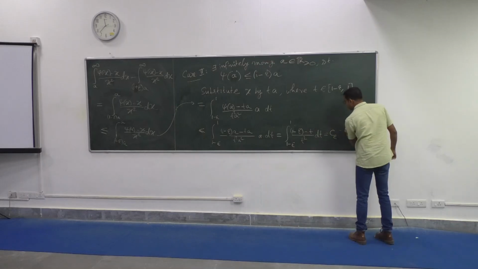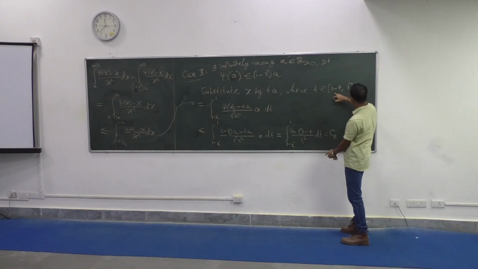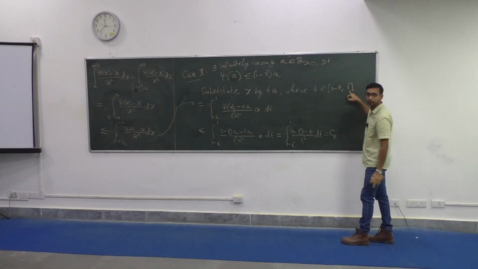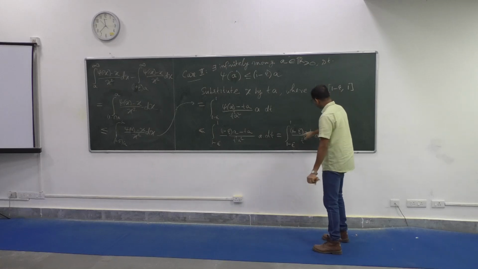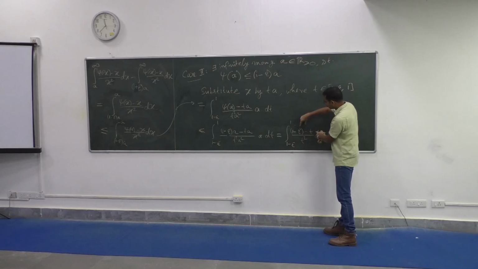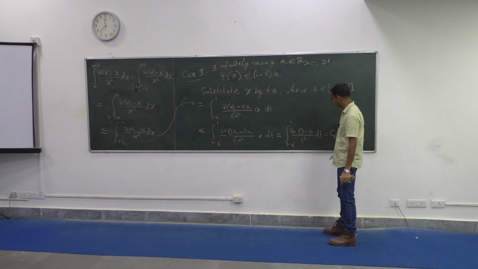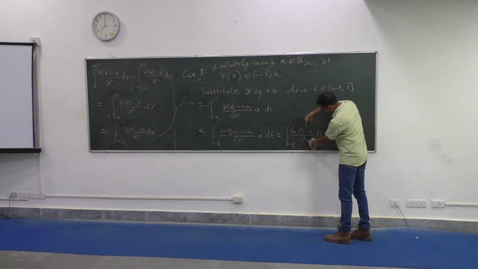Then this constant that we are getting, note that now t is varying from 1 minus epsilon to 1. So the denominator is just t squared, and in the numerator you are getting negative terms. For each value of t you are getting a negative thing here, which you are integrating.